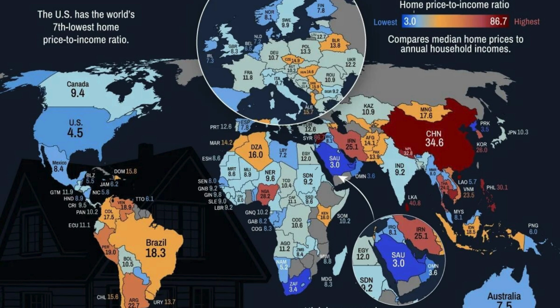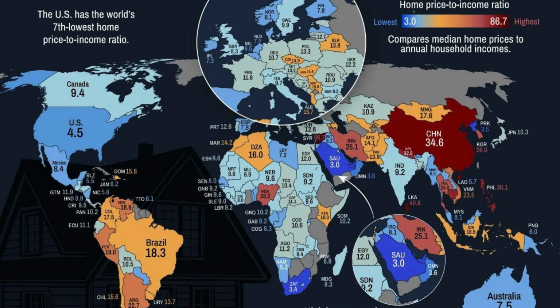At the other end of the ranking, Syria records the highest home price to income ratio at 86.7. Several European countries also post relatively high ratios: Portugal, France, Luxembourg, and Germany.